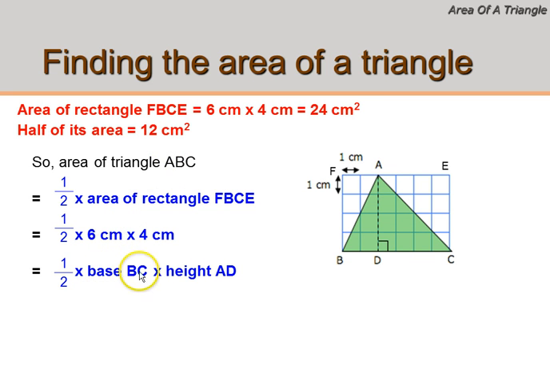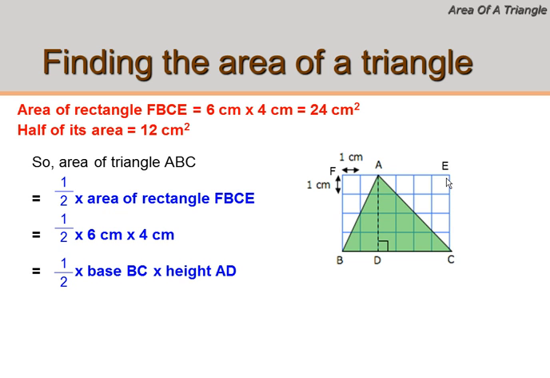Now you can see it the other way around. In the formula for the area of a triangle, the base is BC. BC is also the length of this rectangle FBCE. Can you see? Base BC is the same 6 cm, the length of the rectangle, and the height AD, if you shift it here, is exactly the same as the breadth FB of the rectangle FBCE.